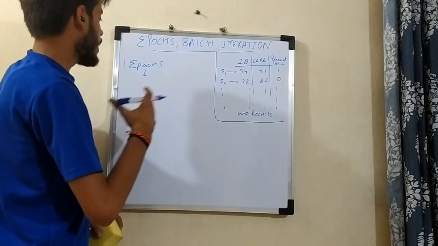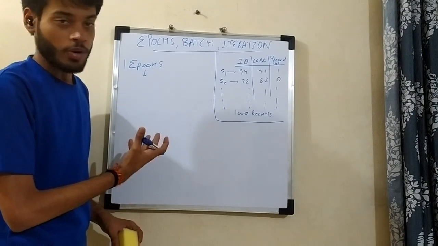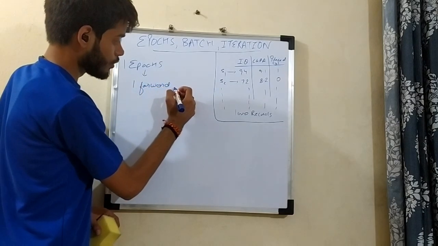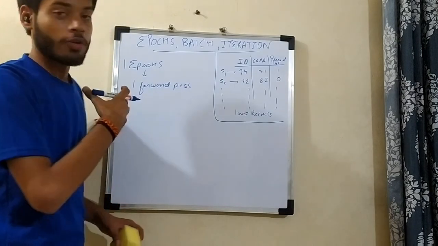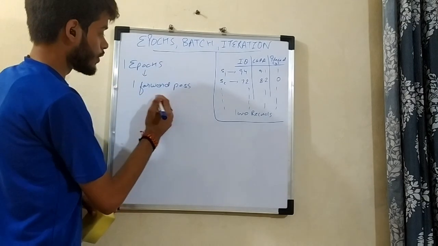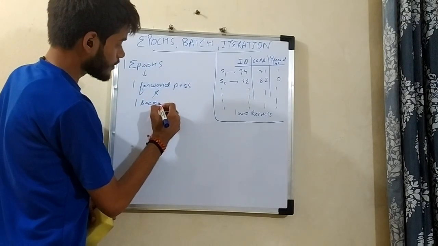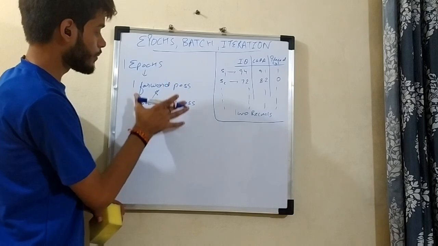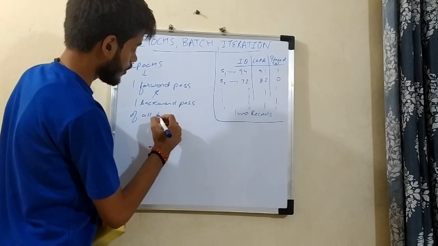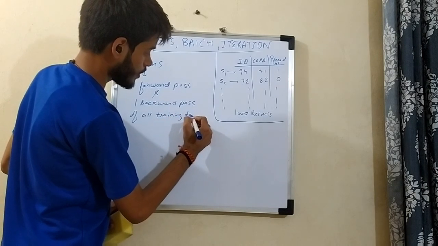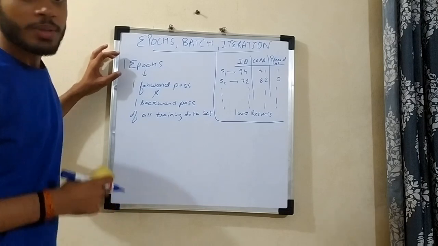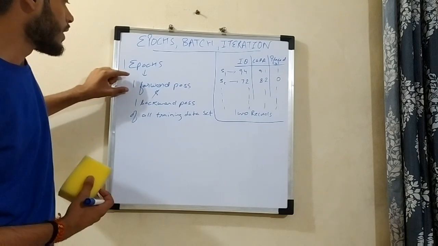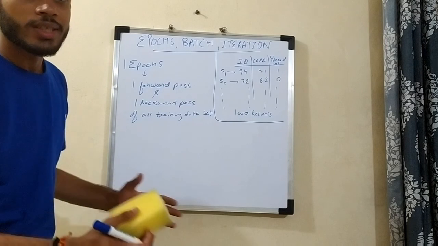You have completed one epoch when one forward pass and one backward pass of all the training data set are done. I hope you have watched my previous videos, so you are aware of what forward propagation and backward propagation are. So the neural network has completed one epoch when a single forward pass and a backward pass of all the training data set have been completed.